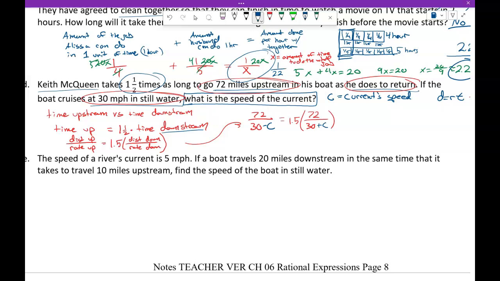And now we have our rational equation in one variable. We can go ahead and solve. So now that we have everything, we can multiply by our least common denominator.